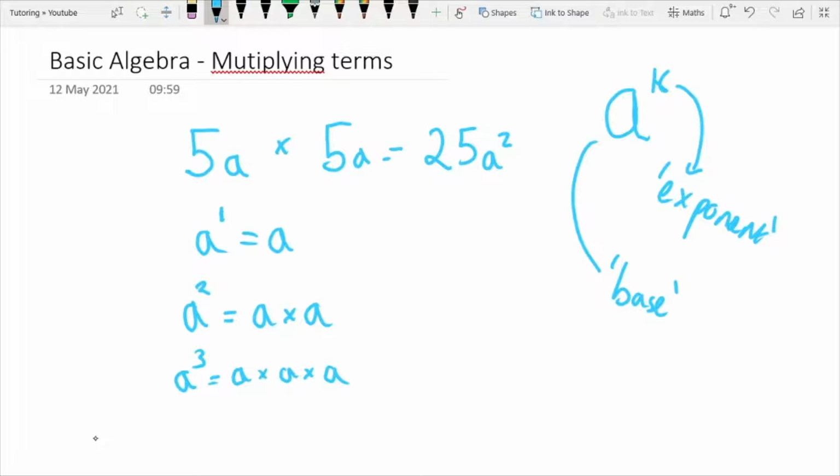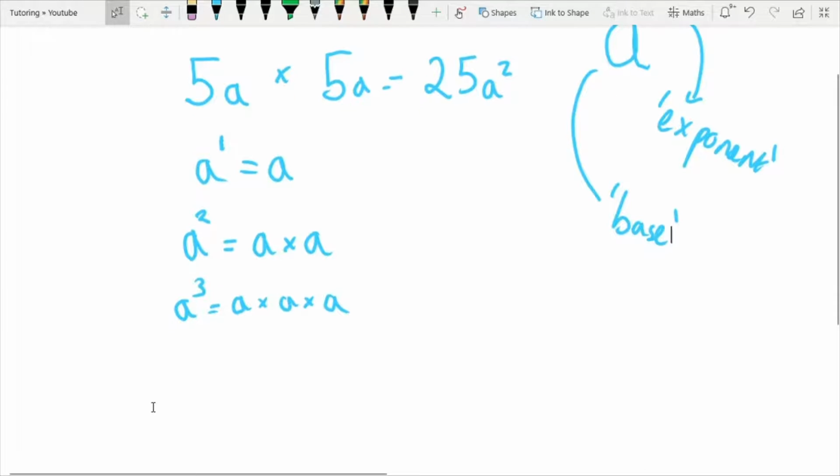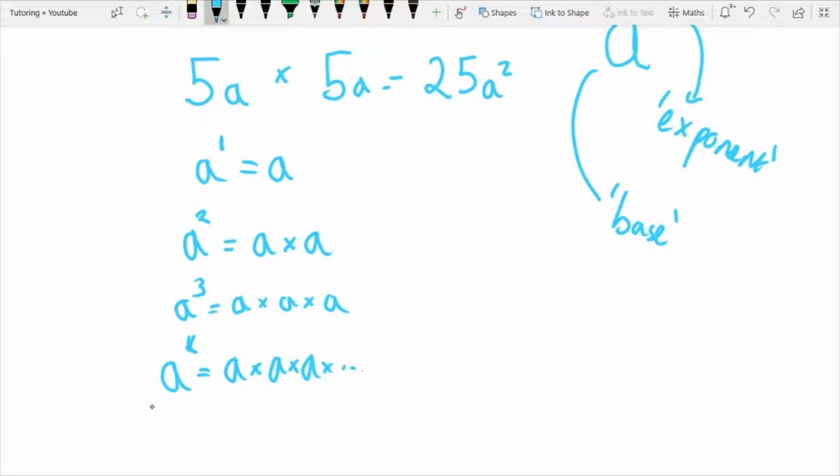So a to the first is just equal to a, a squared is a times a, and a cubed is a times a times a. So a to the k basically means you take a times a times a, and so on. How many a's are multiplied together? Well, the k says that. So there are k a's multiplied together.